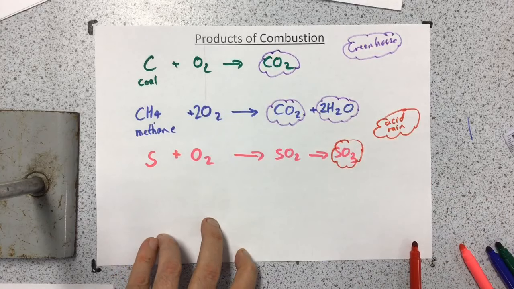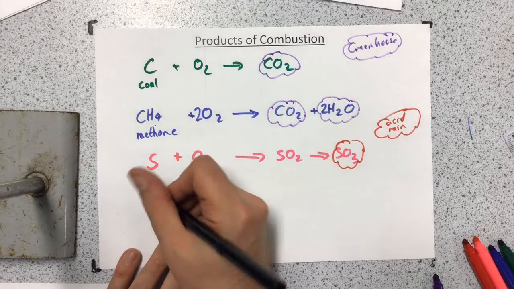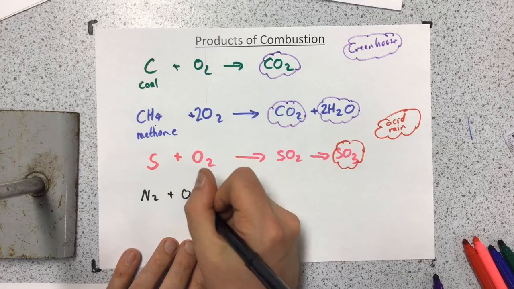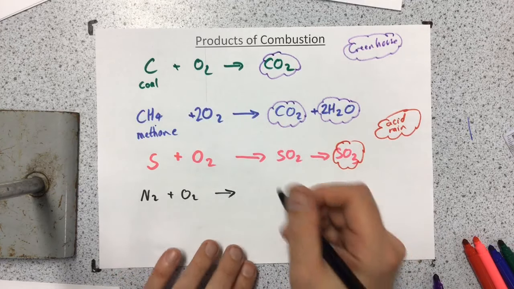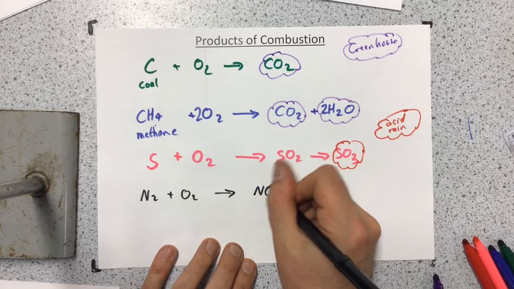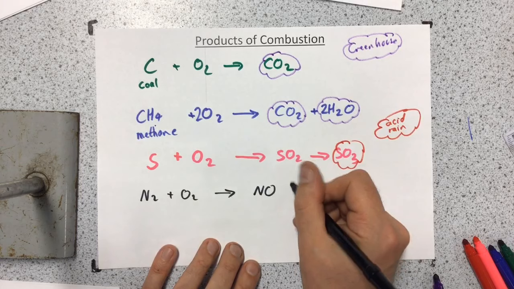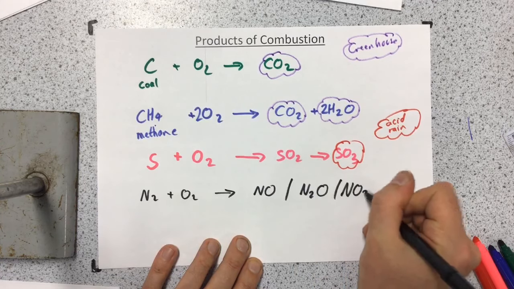Okay, then we've got one other equation to think about, and it is this, right? We can take our nitrogen from the air, which ends up in car engines, with the oxygen from the air. This makes all sorts of different gases, things like nitrogen dioxide, nitrogen monoxide, okay, NO, N2O, NO2, all right?